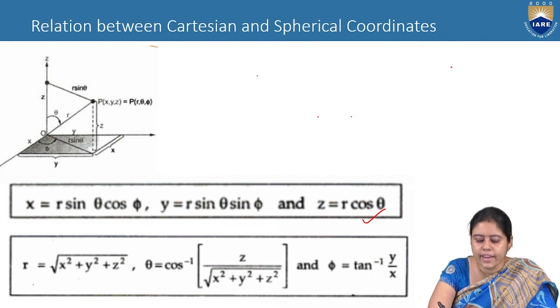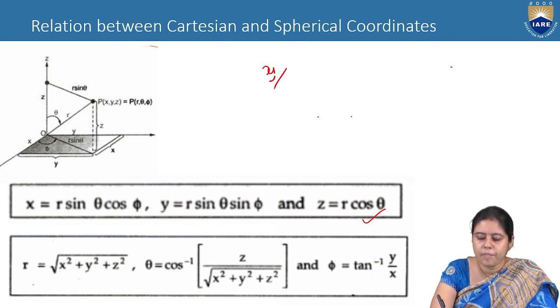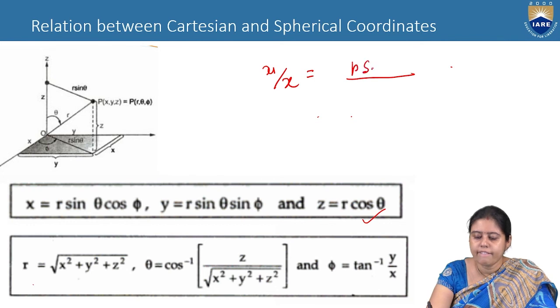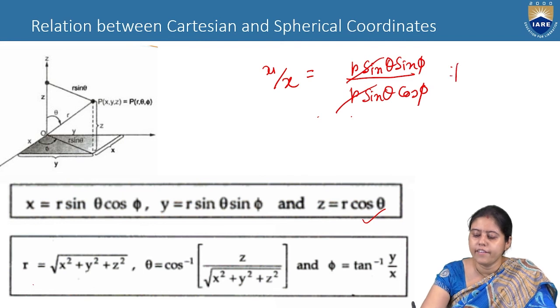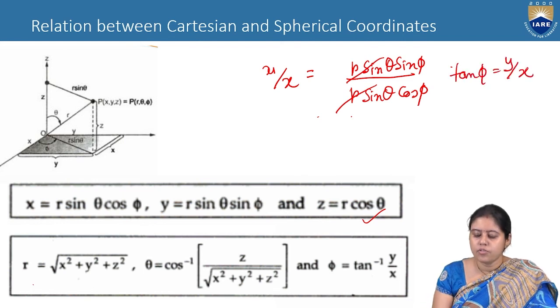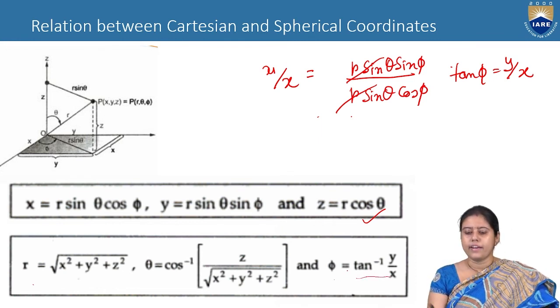So, we can write y by x is equal to r sin theta sin phi over r sin theta cos phi. So, this is tan phi. Tan phi is equal to y by x. So, phi is equal to tan inverse y by x.